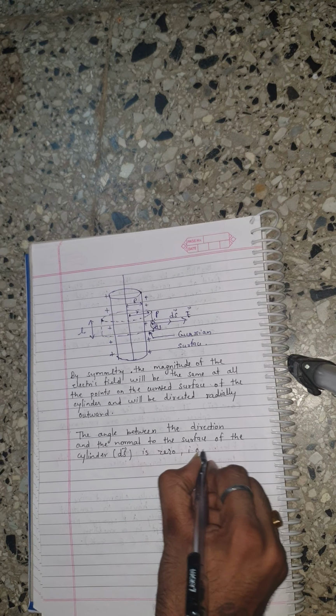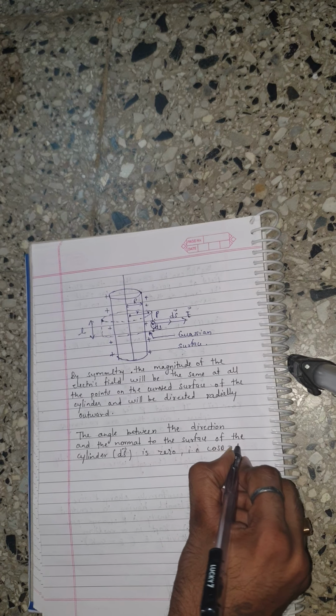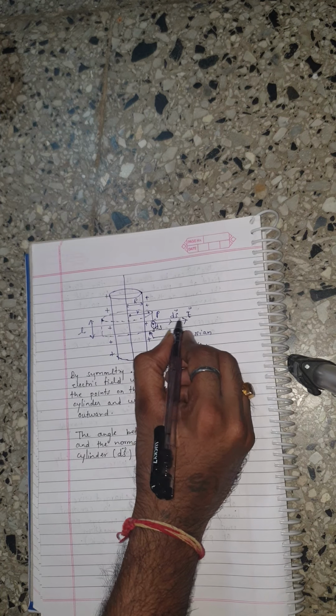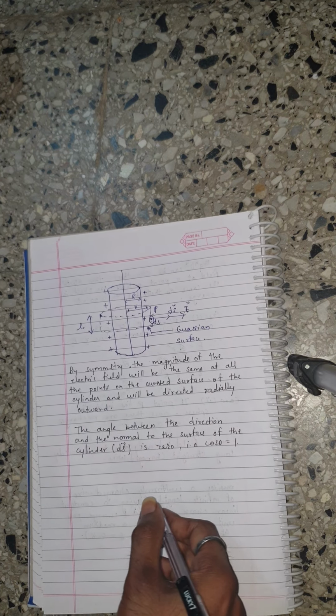That is, cos theta will be 1. So the angle between E and ds will be 0.